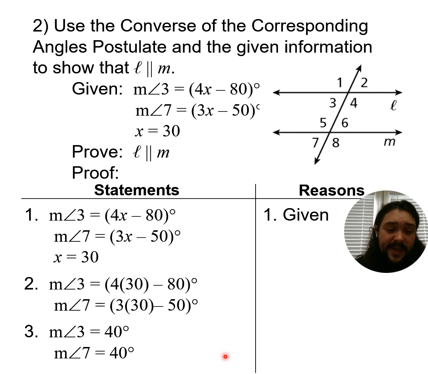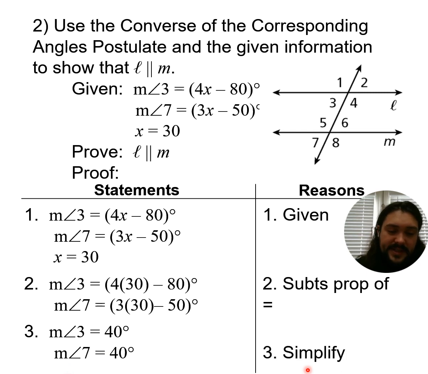Using the substitution property of equality, I can plug the 30 in for my x's. 4 times 30 is 120. 120 minus 80 is 40. 3 times 30 is 90. Minus 50 is 40. The reasoning behind that is simplify. I'm going to continue the proof on the next slide.